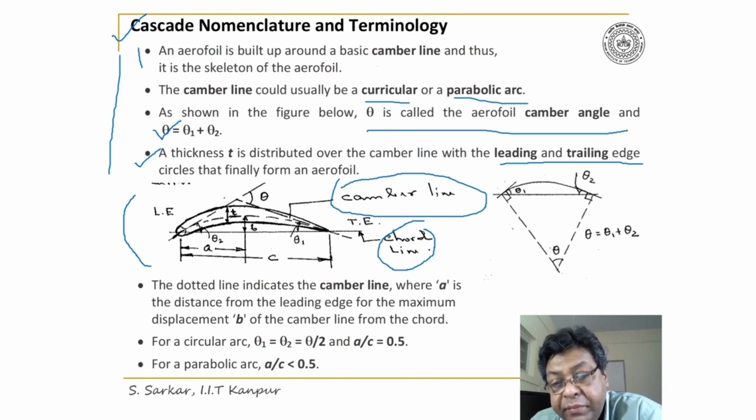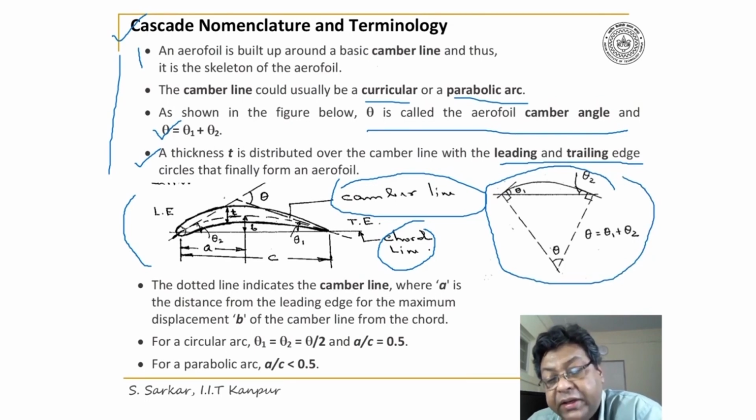Look here, I have further explained with this figure what is theta 1 and theta 2. This is my chord line and this is the camber line. At the leading edge, the center of the leading edge circle is where the chord line and camber line intersect. If you draw a tangent to the arc, that is to the camber line, the angle made by the tangent and the chord line is theta 1.